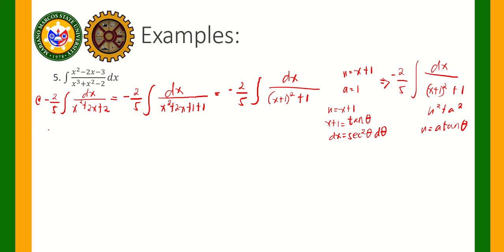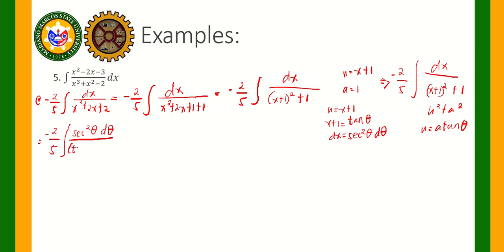So this will be equal to negative 2 over 5, the integral of dx, which is secant squared theta d theta, all over x plus 1, which is u, which is tangent theta.